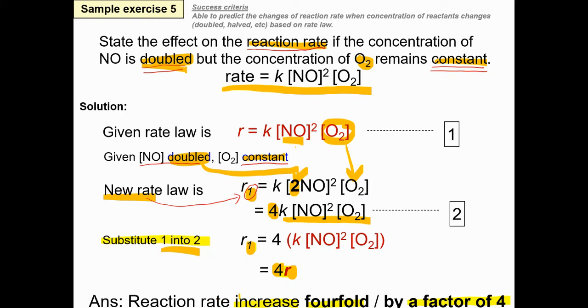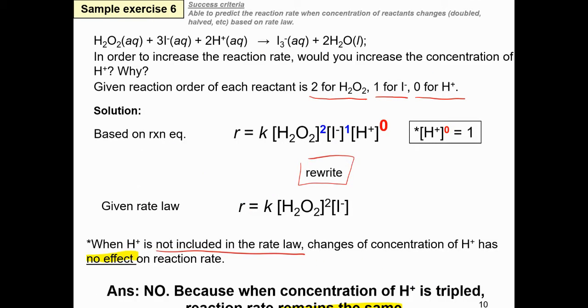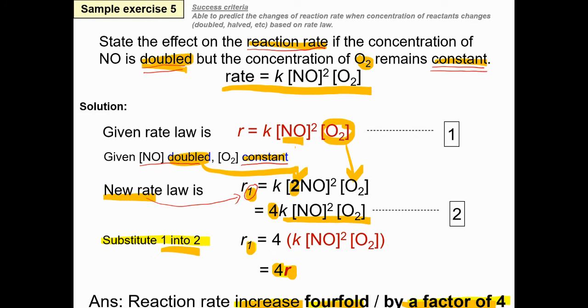We just say the reaction rate increases fourfold or increases by a factor of 4. This kind of question is easy. Just write down the original rate law and then the new rate law, label it R1, and do mathematics in order to find out how many fold it has increased or decreased.